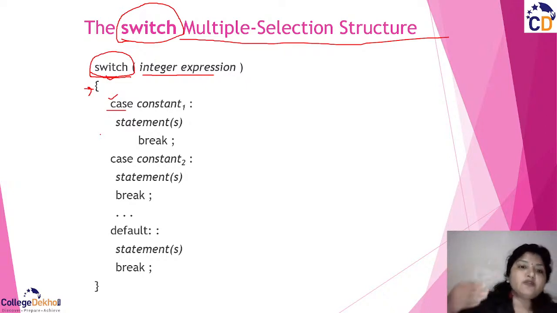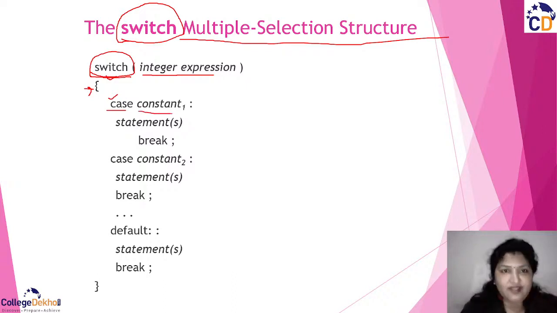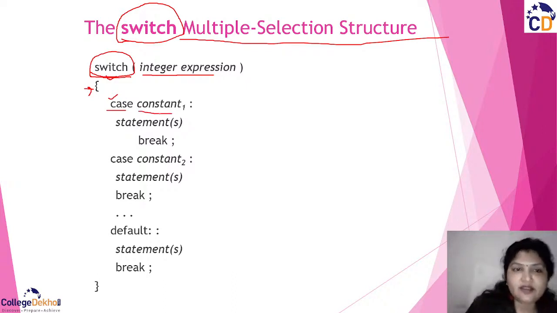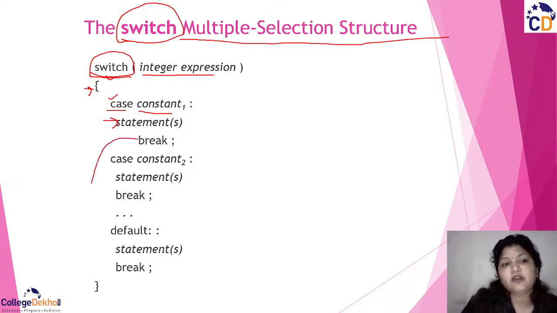You have a number of statements, multiple selections within them, right? Within the first case you may be writing some condition like day is equal to 0, and then if you want to print anything, you can print, and just use the break statement to come out of this switch statement, right? So this is how it works.